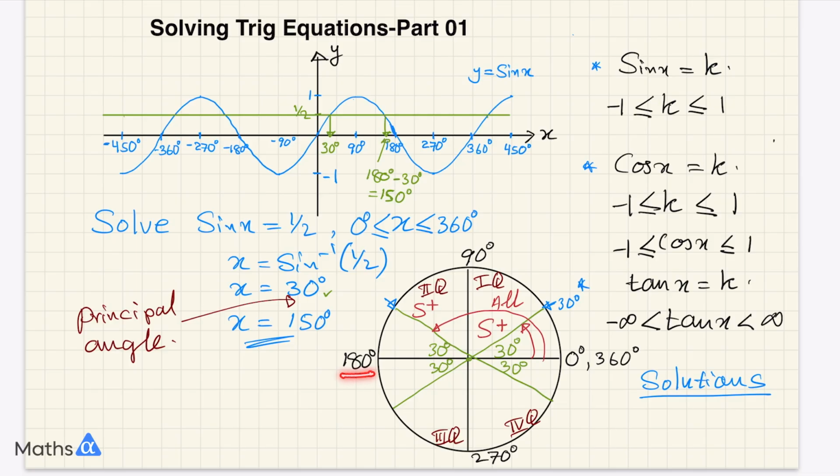This angle is 30, therefore this angle should be 180 minus 30, right? So we can write the solutions: x equals 30, and the other one is 180 minus 30 degrees, so that's 150 degrees. So this is actually easier than drawing graphs.